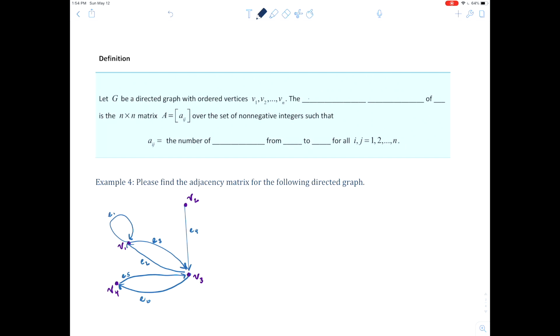The adjacency matrix of G is the n by n matrix A equals (aij) over the set of non-negative integers such that aij equals the number of arrows from Vi to Vj, for all i and j equal to 1, 2, all the way down to n.